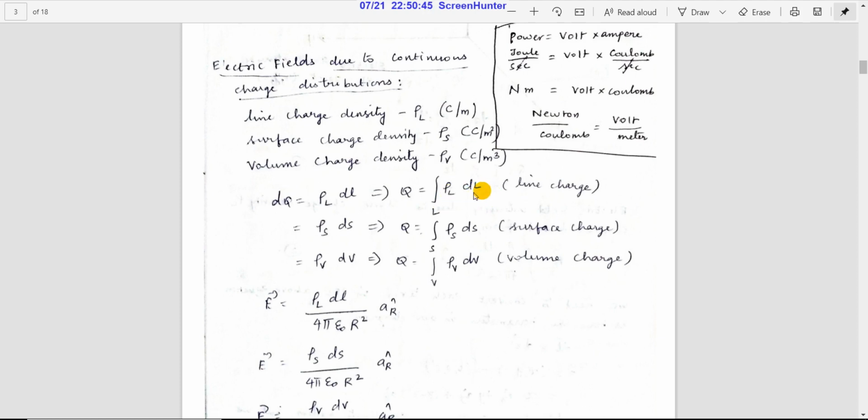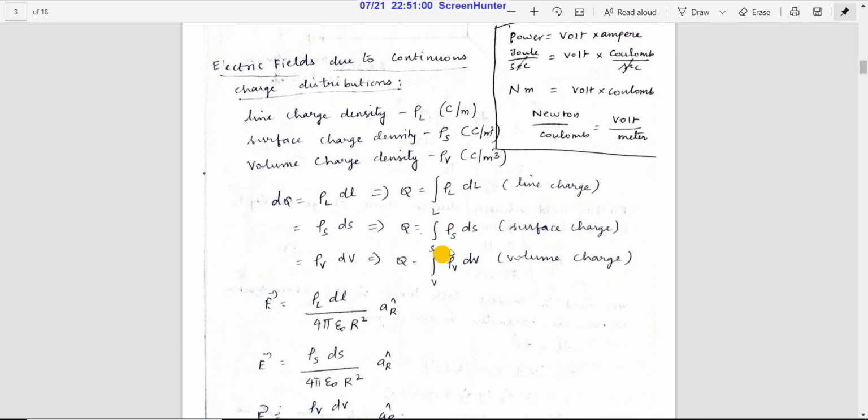Whatever differential length we define for that charge distribution, we integrate over the limits of that charge distribution.